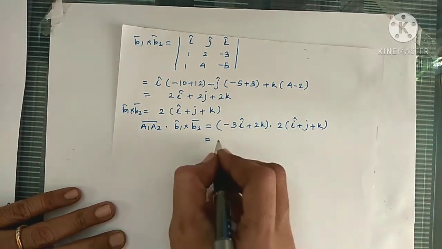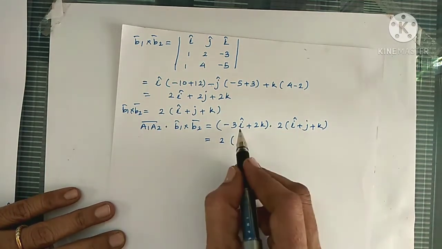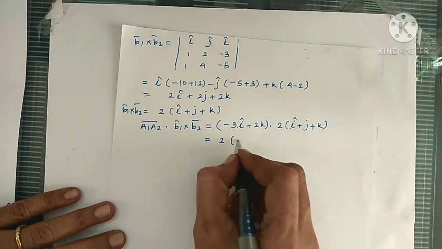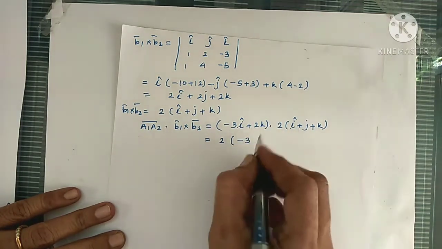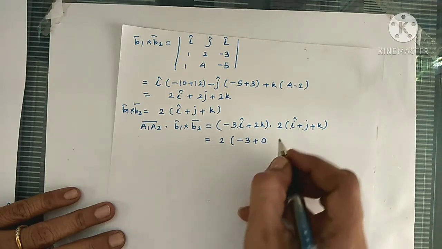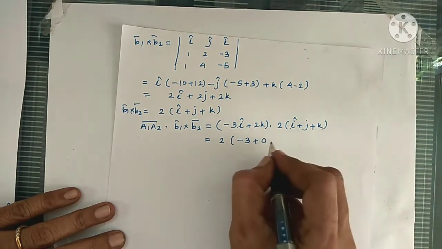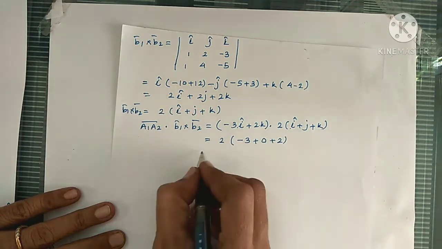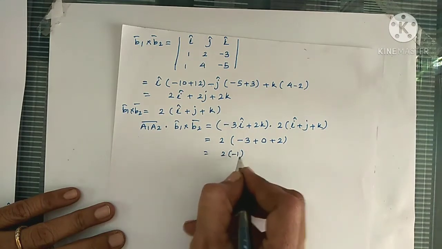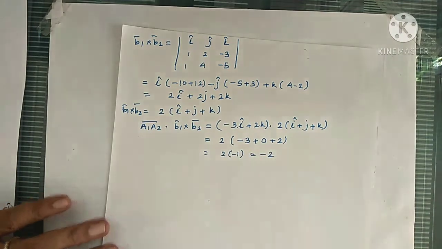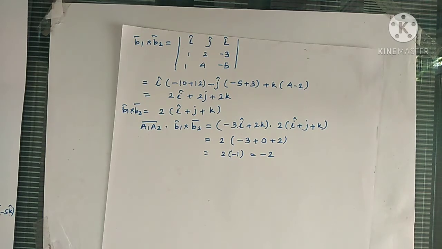So let's write this 2 as it is. Now it is minus 3 into 1, that is minus 3. Term in j is not here, so that is 0. Then the next one is 2 into 1, that is 2. So we have 2 into minus 1 equal to minus 2. But we are taking modulus for the numerator, so it becomes 2.